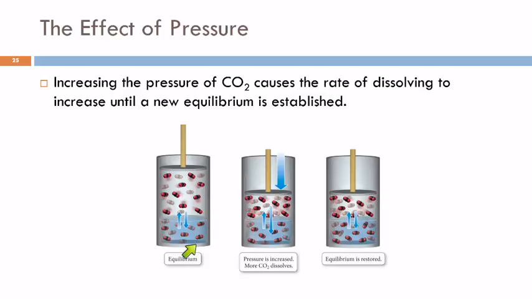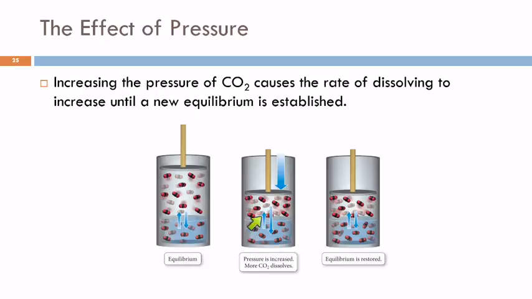So here, if we have an equilibrium, we've got carbon dioxide in the water and we've got carbon dioxide above. If we decrease the volume here, we're essentially squeezing these carbon dioxide molecules closer together, and that will increase the rate at which carbon dioxide dissolves in the water.